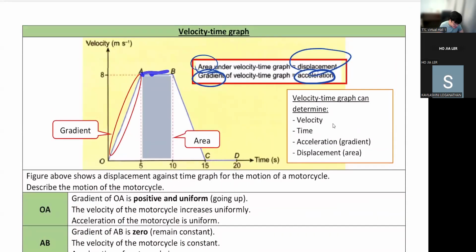And then for the second part, this is zero gradient, isn't it? Zero gradient means zero acceleration. What does zero acceleration mean? That means you're not increasing your speed. You're still traveling at a steady speed.